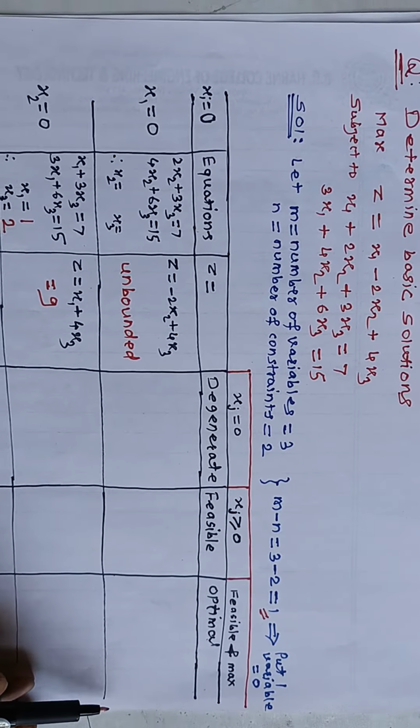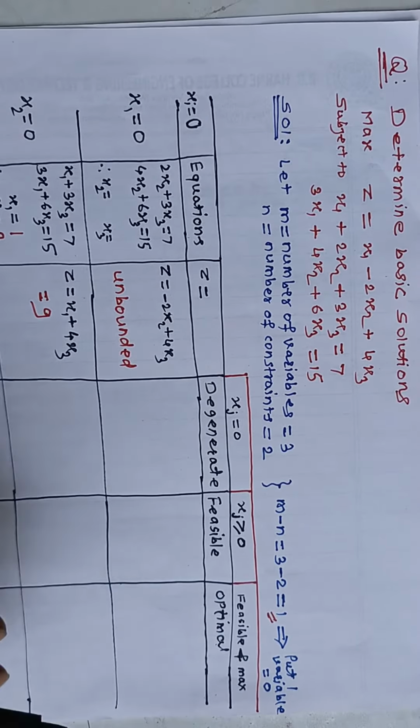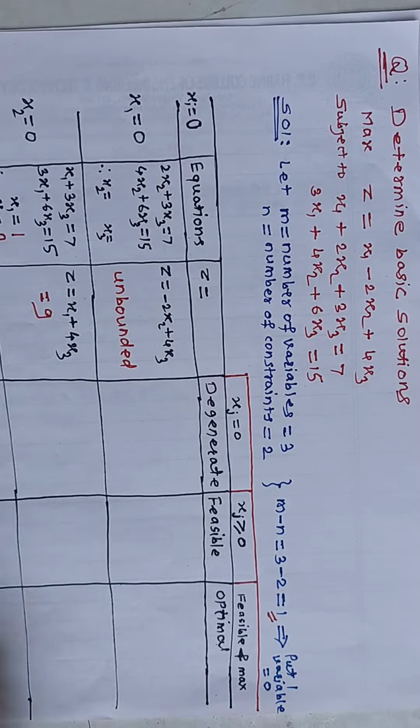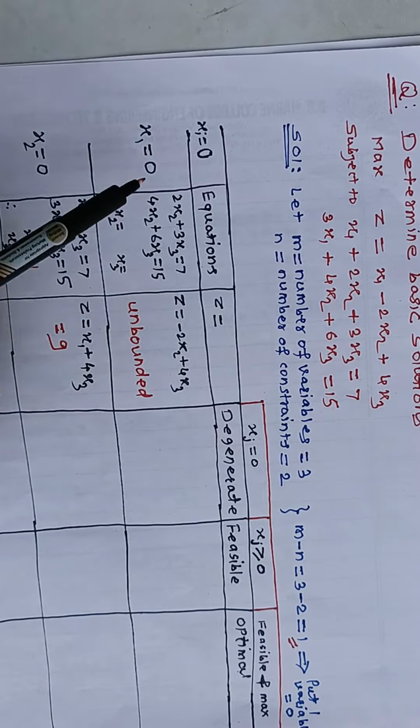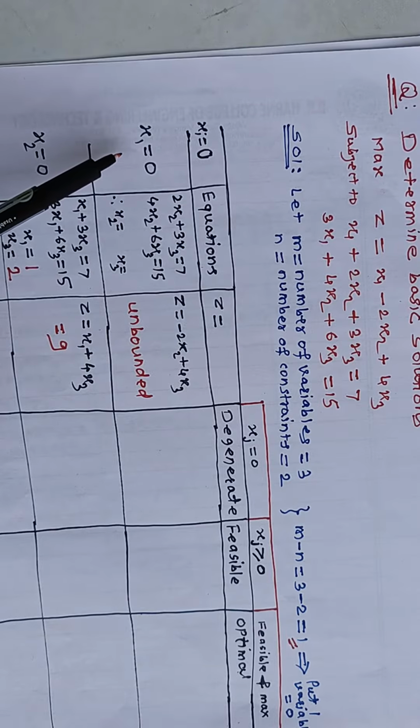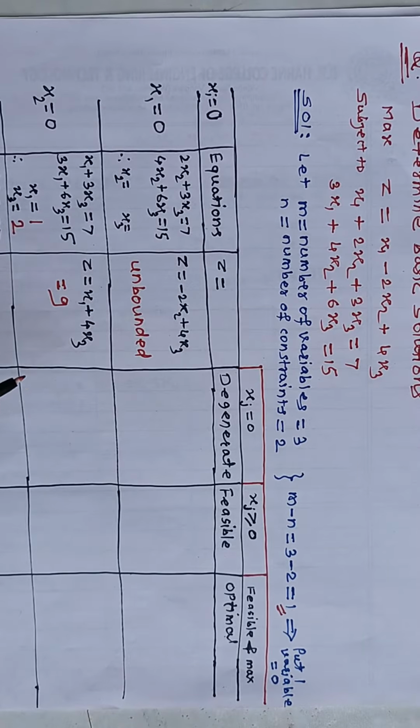This is just concept of this problem. Now let us solve this one. First of all, x1 is equal to 0. You have to prepare table like this.